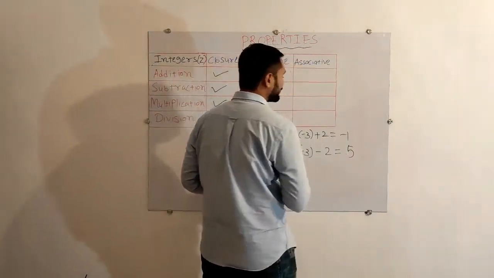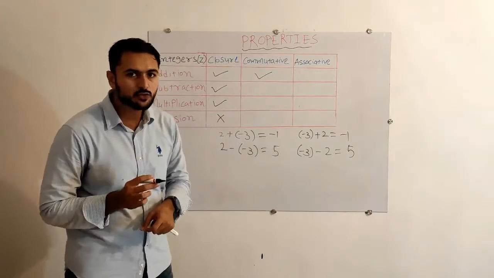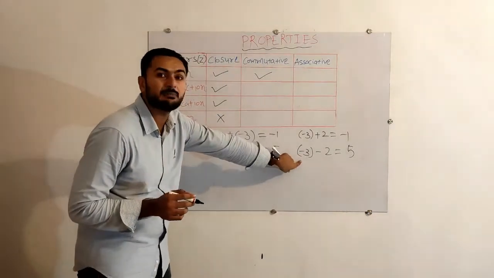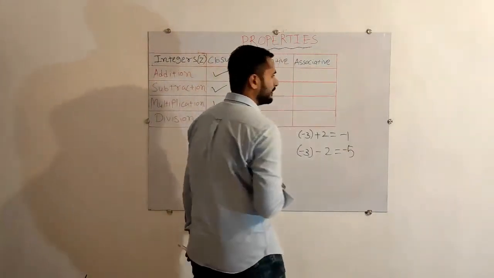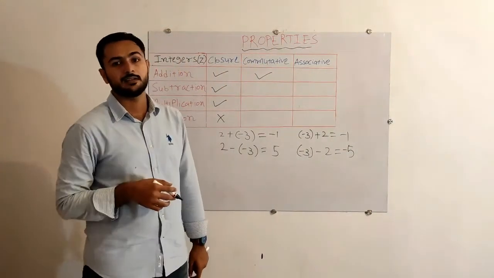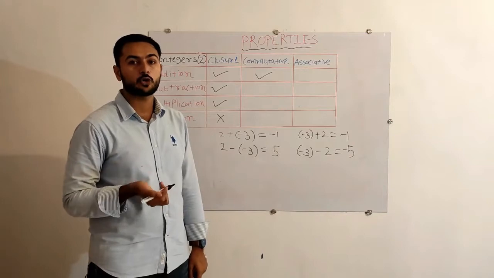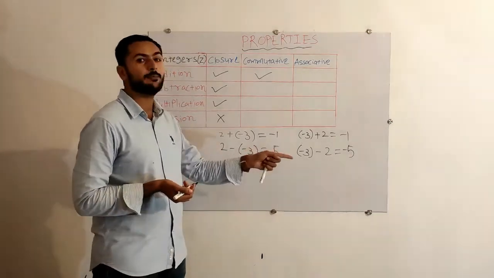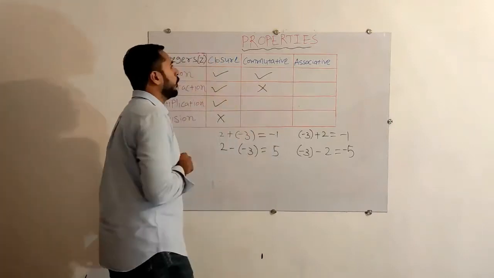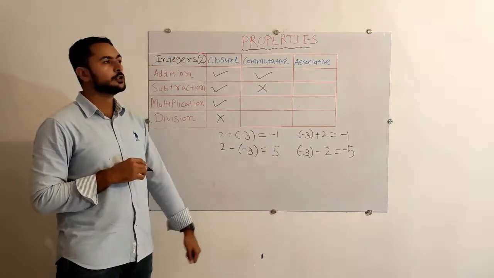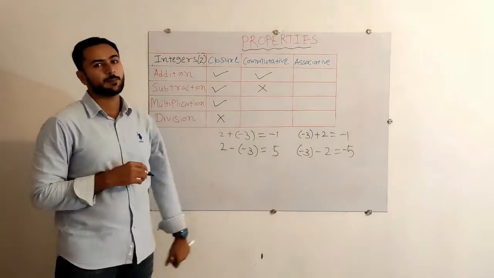Okay, yes, you got answer 5. But we still need to check which is the bigger number. 3 is the bigger number and 3 has a negative sign. So 5 is negative. Now see, are both the answers the same or not? No, that's not the same. So what will we write? No, integers are not commutative under subtraction.